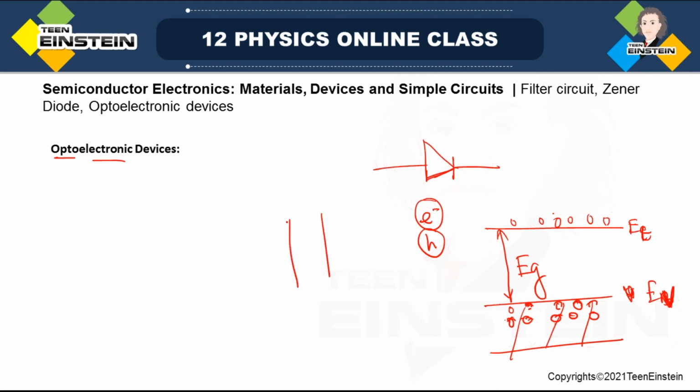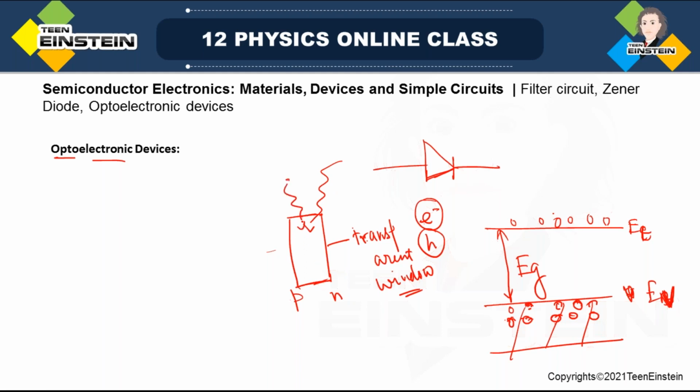At the PN junction, near the depletion layer, suppose this is P and this is N, if you make a device with this PN junction diode with a transparent window at the junction, then you can shine light, photons, onto this junction.